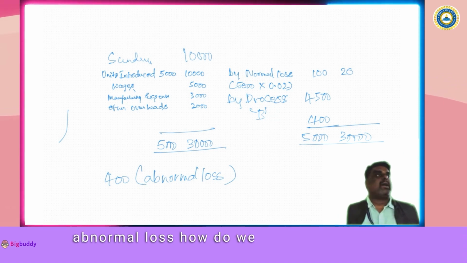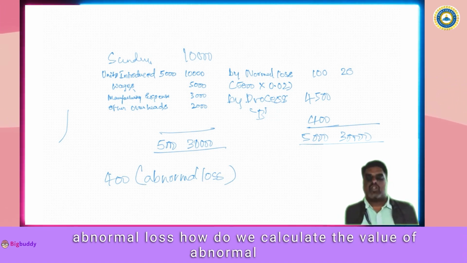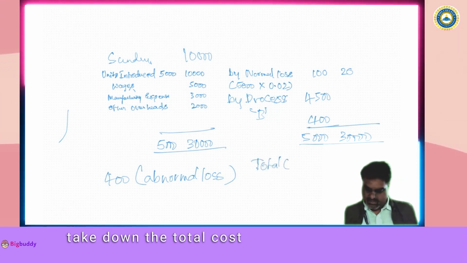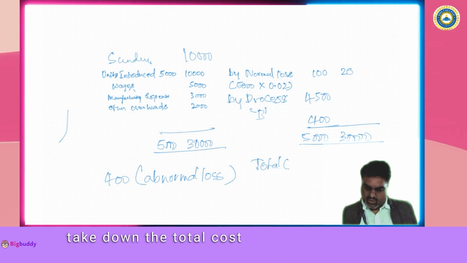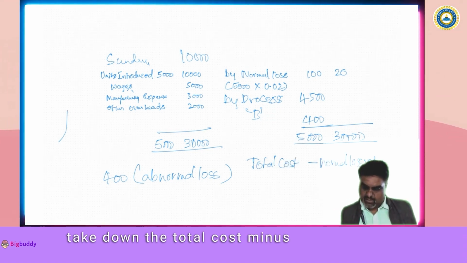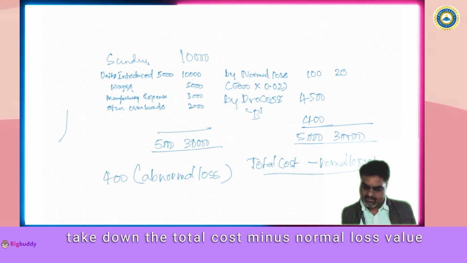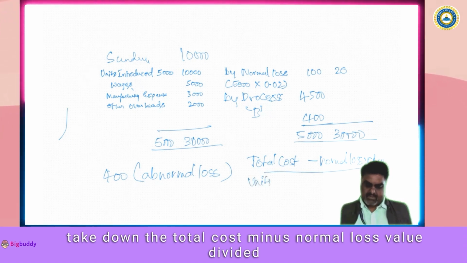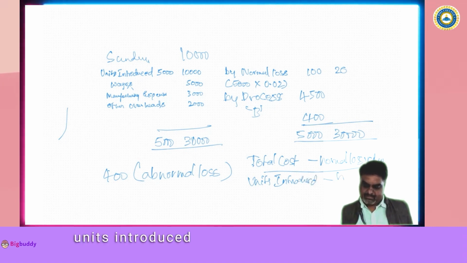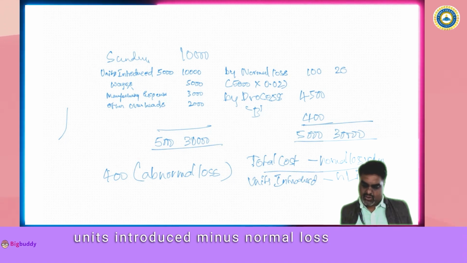So how do we calculate the value of abnormal loss? Take down the total cost. Total cost minus normal loss value divided by units introduced minus normal loss in units.